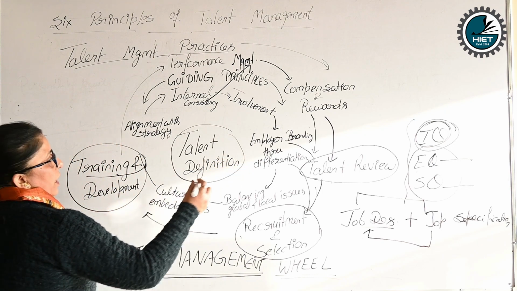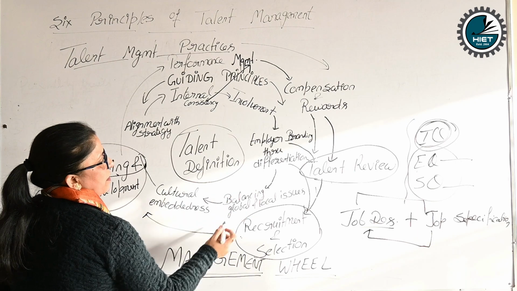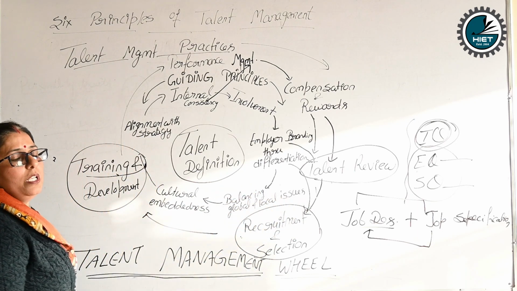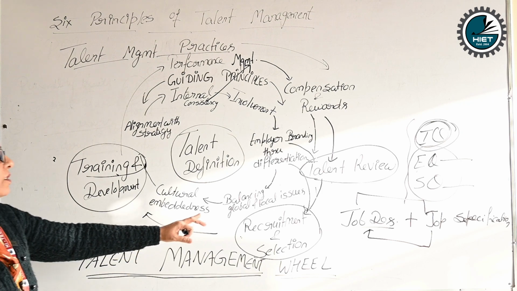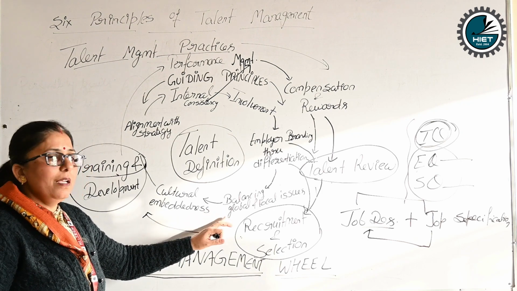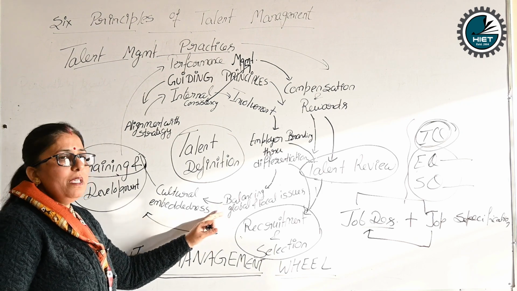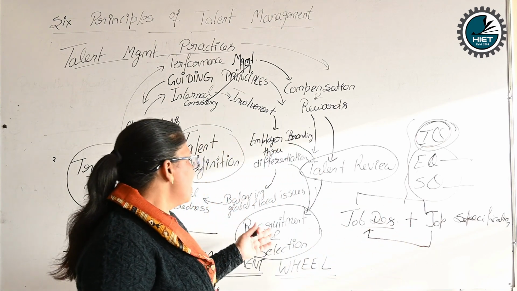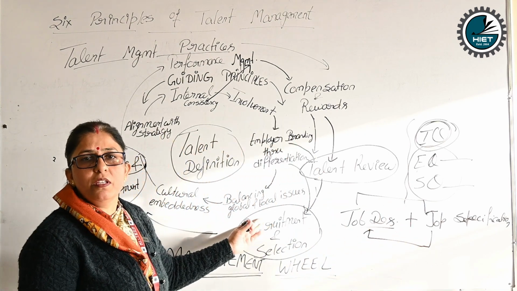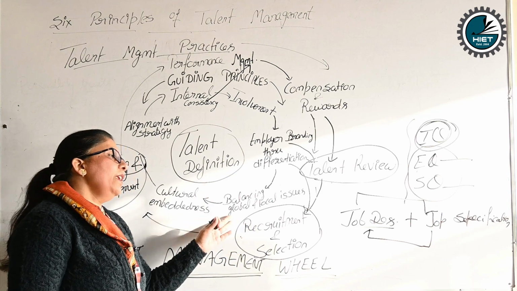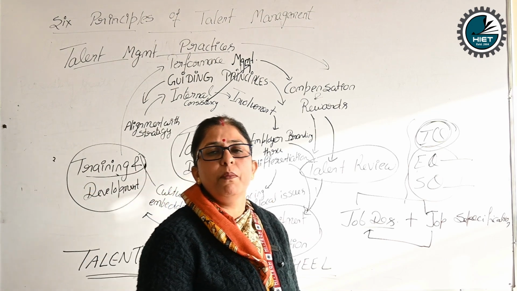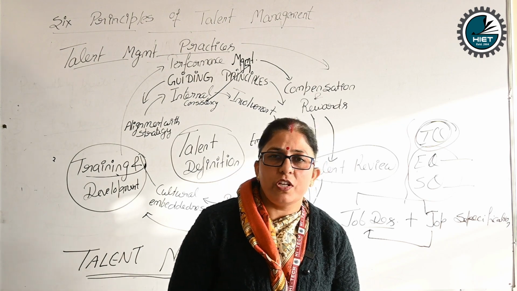Now, in these guiding principles, there is the term balancing global and local issues. So what is this balancing global and local issues? Global means we are dealing with international thoughts, and local means within a particular region of the same country. So when it comes to global, we have to put our concern on international HRM.